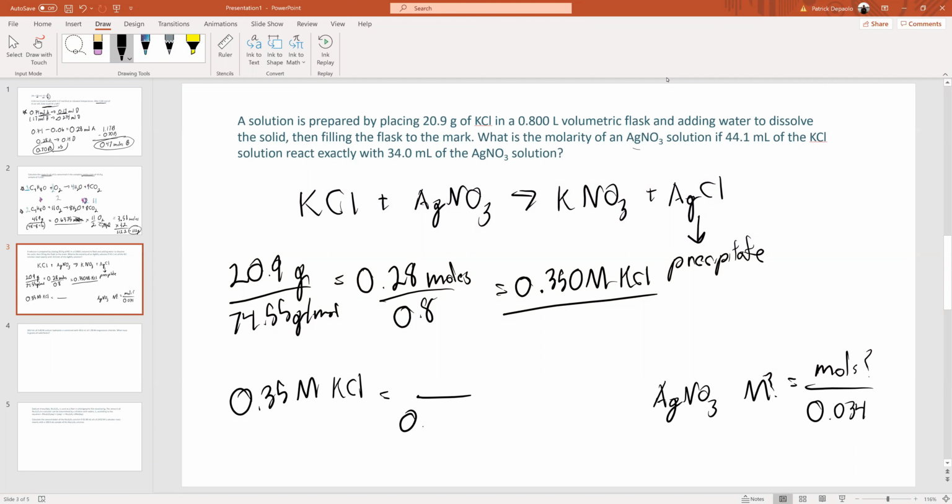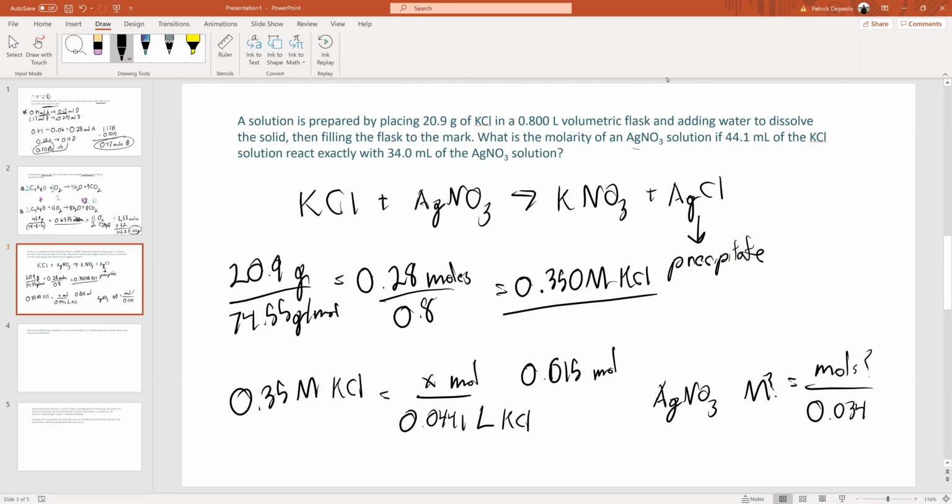So we would put in 0.0441 liters of KCl, and then it's X moles over that. So we'd multiply the 0.350 times 0.0441, and we end up with 0.015 moles.